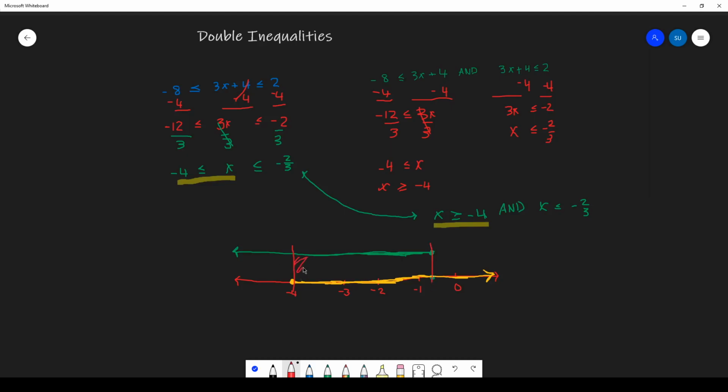I'm going to shade this in. We can see that the range of solutions is from negative 4 to negative 2/3, or negative 4 is less than or equal to x, which is less than or equal to negative 2/3. So basically just an "and" inequality, but written more compactly.